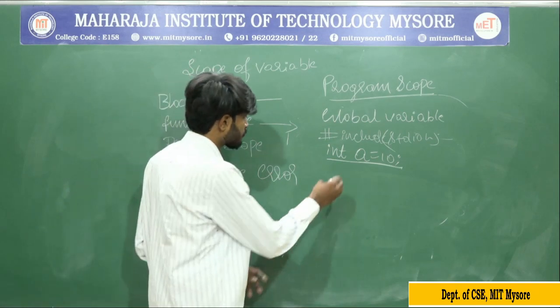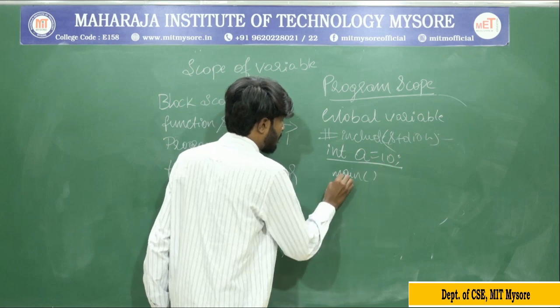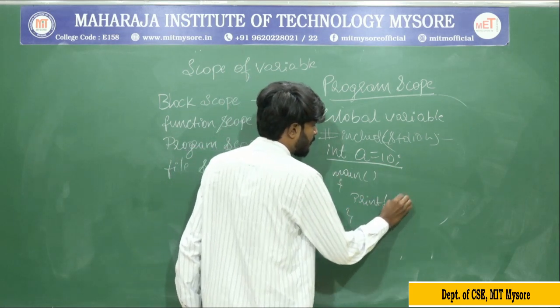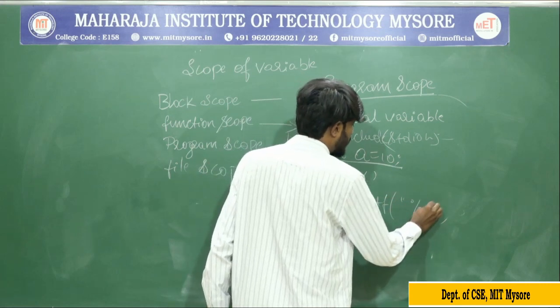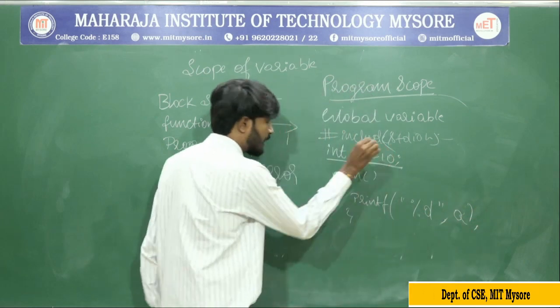If I use main with printf %d a, it is going to print 10.